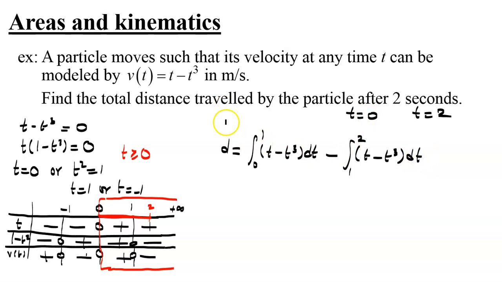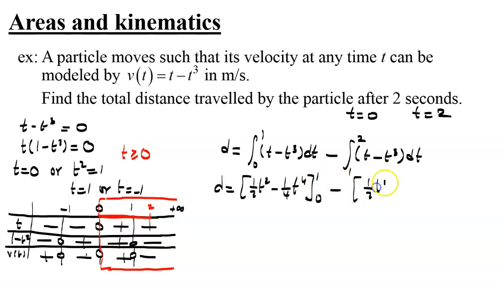That is because the total distance traveled is the absolute value of the function over that interval. So I have half t squared, integrating with respect to t, minus 1 over 4 t to the 4 between 0 and 1, minus half t squared minus 1 over 4 t to the 4 between 1 and 2.